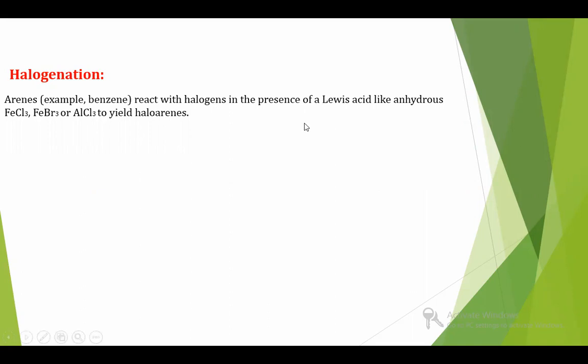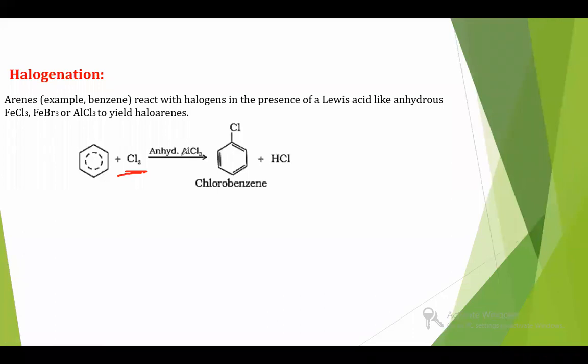The Lewis acid we are using is anhydrous aluminum chloride, or ferric chloride, or iron bromide, and it gives a haloarene.